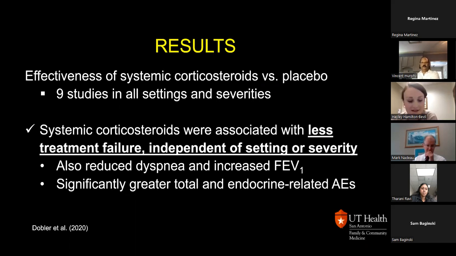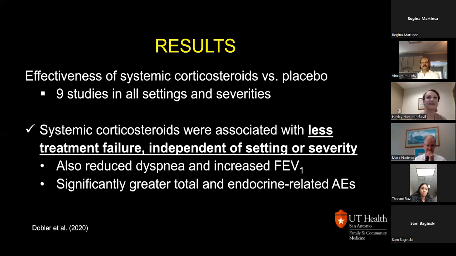9 studies looked at this in all of those different types of settings and the full range of severities. They noted that systemically administered corticosteroids were associated with less treatment failure, independent of the setting or severity, similarly to the antibiotics as well. They noted reduced dyspnea as a symptom and increased FEV1 in a few studies.